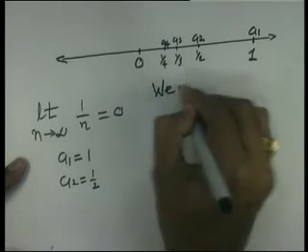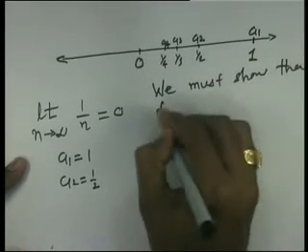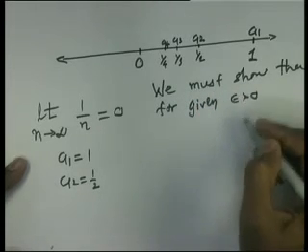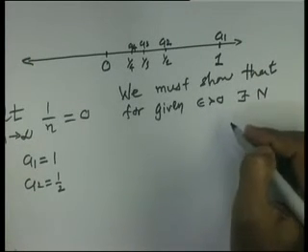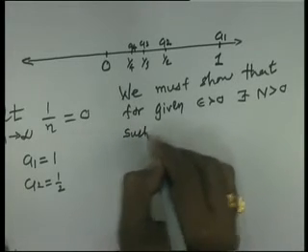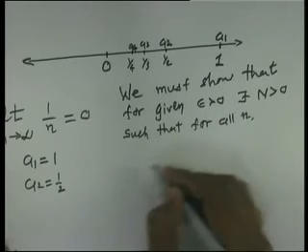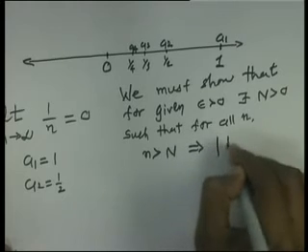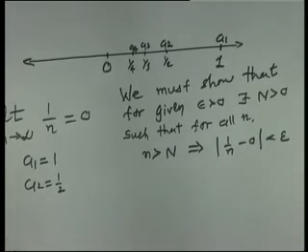So here we must show that for given epsilon greater than 0, there exists some number N greater than 0, such that for all n greater than N implies |1/n - 0| < epsilon.